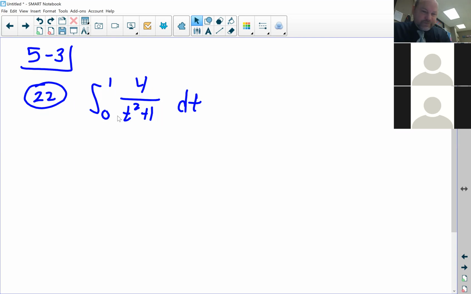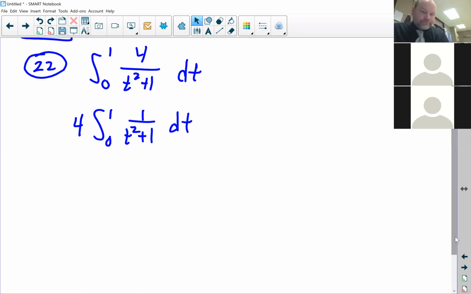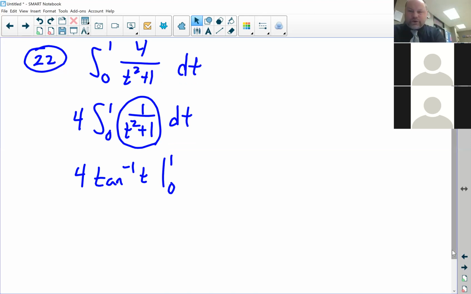So what I would do here, this 4, I can write out front. And 1 over, and we usually wrote it the other way, we usually wrote it 1 over 1 plus t squared. But that's inverse tangent. And we're going to evaluate that from 0 to 1.